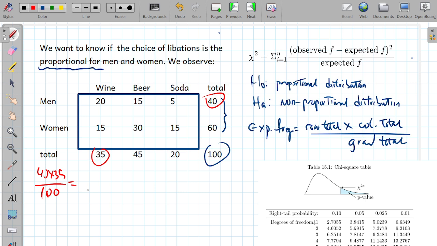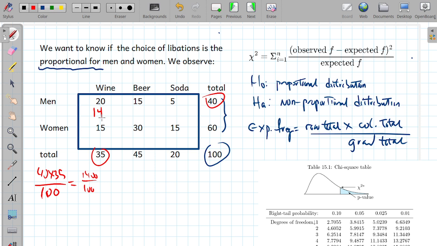I know, let's use the calculator. So we have 40 times 35 gives us 1400. So this is 1400 divided by 100. So that means we were expecting 14, we observed 20.